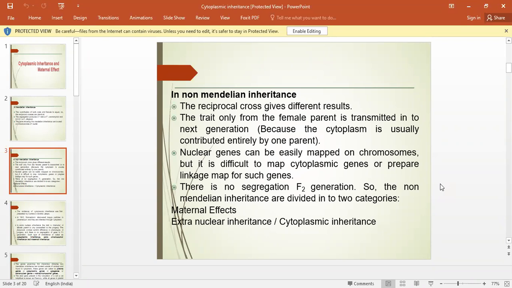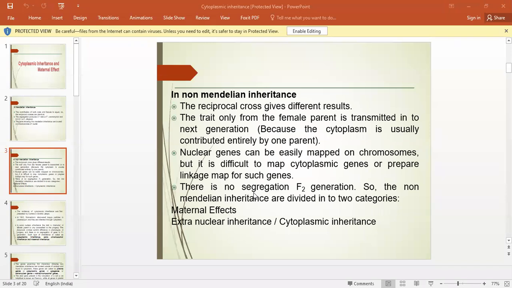Yes, this cytoplasmic inheritance has many names, many synonyms. Cytoplasmic inheritance is also called extra chromosomal inheritance, or extra nuclear inheritance, non-Mendelian inheritance, or maternal inheritance.